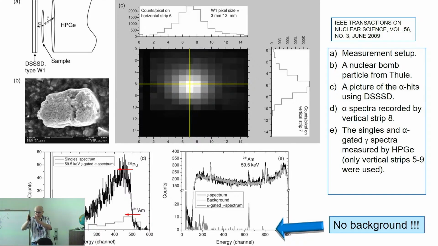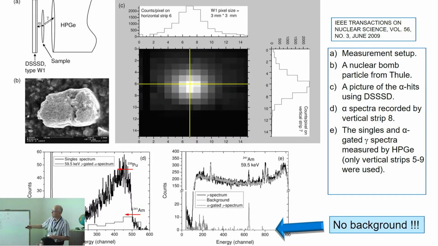So we selected a narrow gate in the gamma spectrum, for example, from 55 to 65. This narrow area, and generated the alpha spectrum from the data shown here.